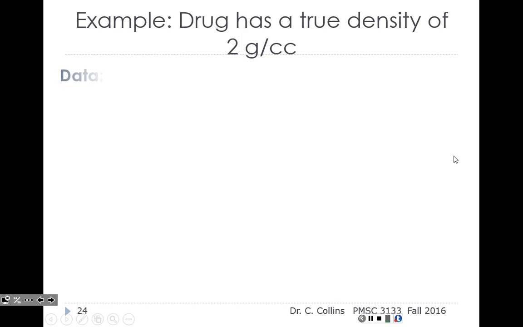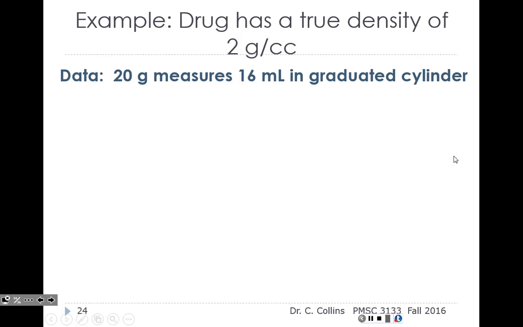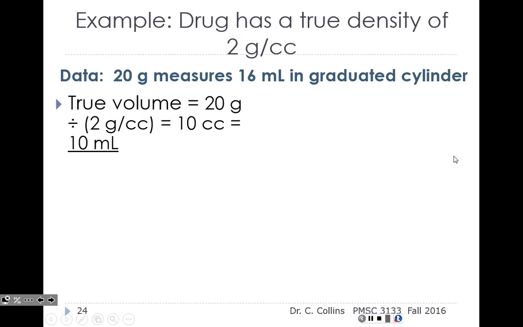All right, so here's a potential calculation that you might need to know how to do. I'll run through an example. A drug has a true density of 2 grams per cubic centimeter or milliliter, both equated. So 20 grams measures 16 mils in a graduated cylinder. The true volume of 20 grams would be 10 mils.